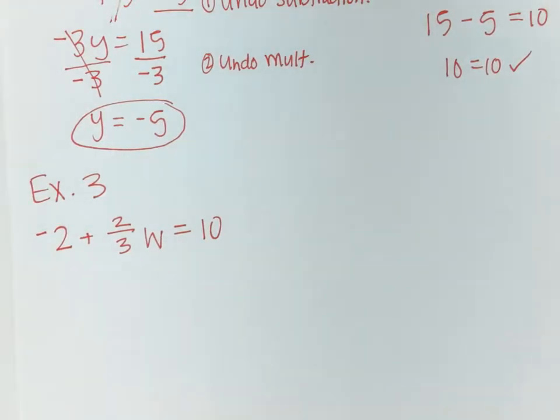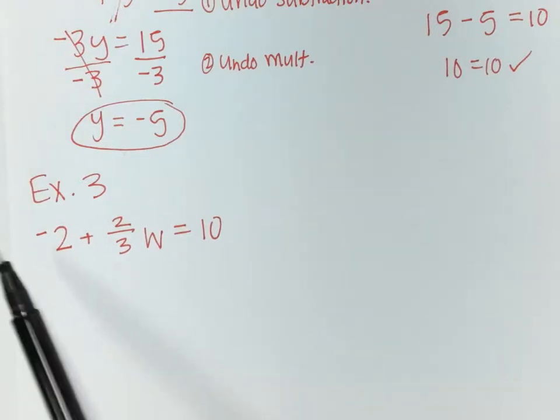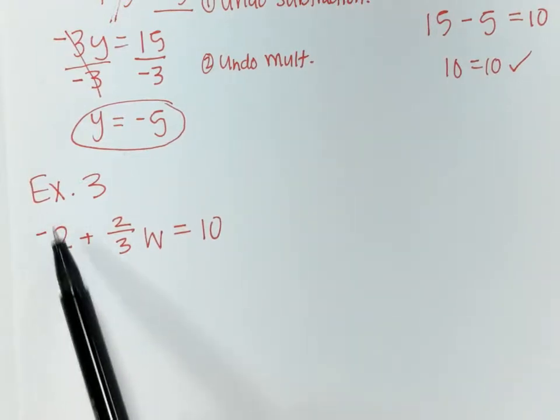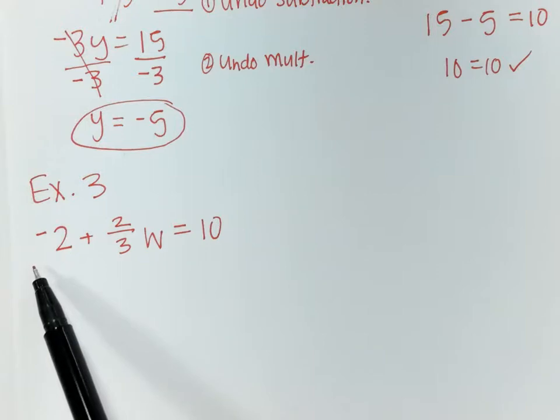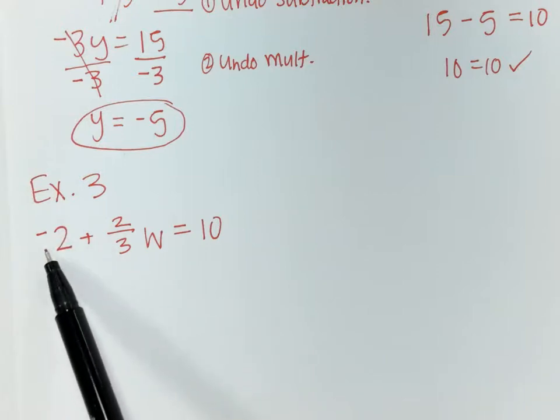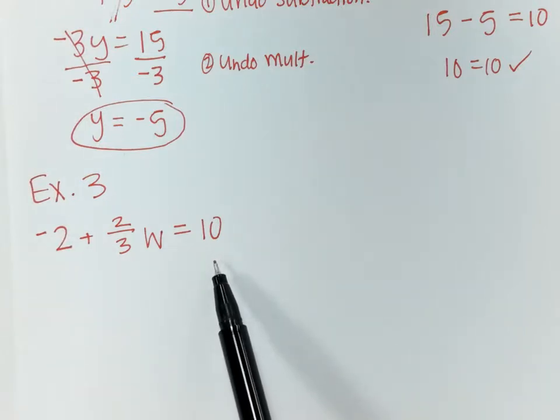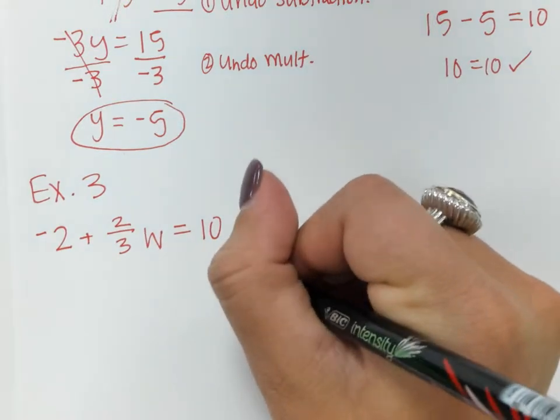Undoing the addition or subtraction? Subtraction, right? Because this is a negative 2, which is the same as subtracting. So in order to get that negative 2 to the other side, I have to add, right? So that means I'm undoing subtraction.